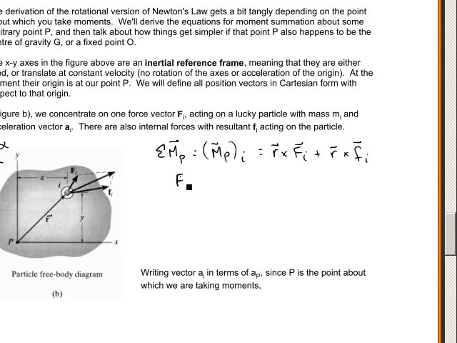For the individual particle, we know that the sum of the forces, external and internal, is equal to the mass of the particle times the acceleration vector ai of the particle, which means that the moments about P we could express as r cross f, or we could express as r crossed mi ai.